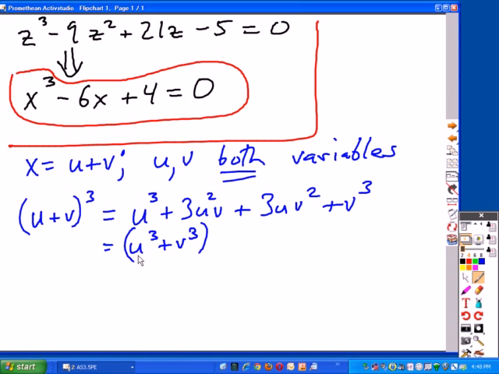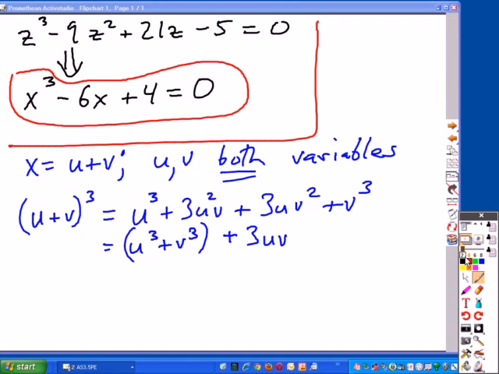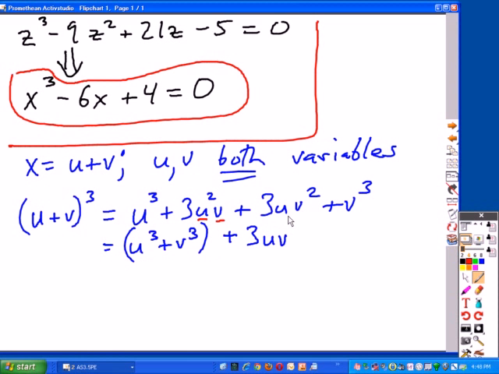Okay, it almost looks like something cubed. It's the sum of two cubes, plus 3 times a common factor of uv. There's a u here and a v here, and a u here, and at least one factor of v there. So we factor out 3uv from that pair of terms, and what's left is u plus v.